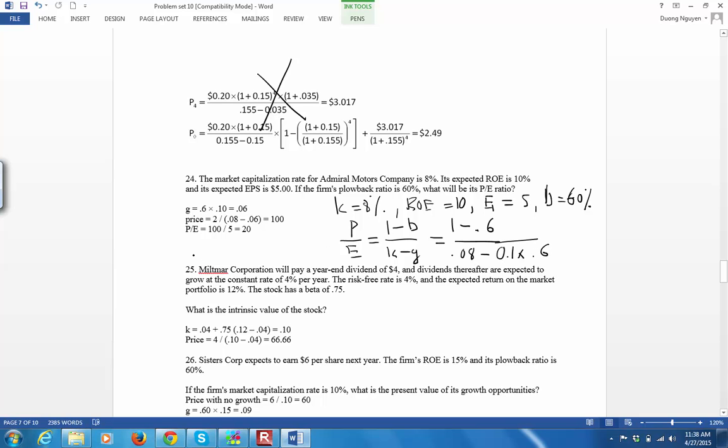Remember g is equal to ROE times b. ROE is 10%, 0.1 times b, 0.6, equal to 0.06. So the answer is basically 20.